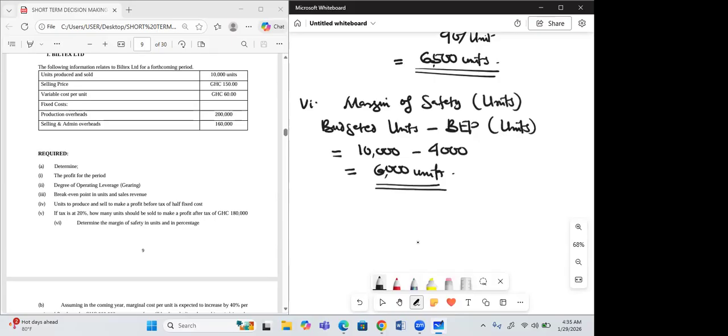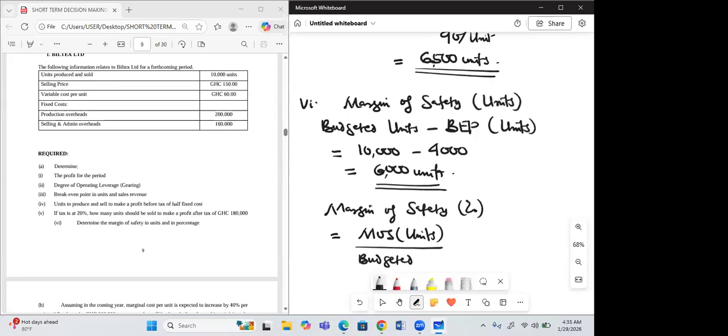And in percentage. If you want the margin of safety in percentage, you take the margin of safety in units and divide it by the budgeted units, then you multiply by 100.